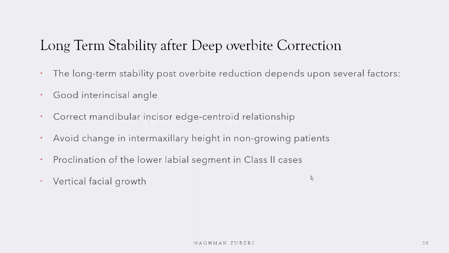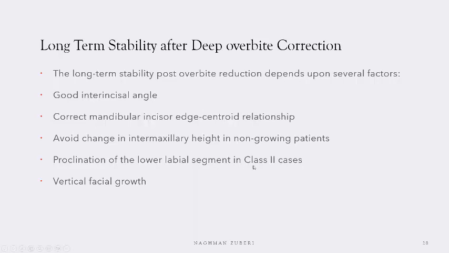The good interincisal angle, correct mandibular incisor edge centroid relationship. Then avoid the change in the intermaxillary height if the person is not growing, if they are beyond the prepubertal growth spurt. Proclination of the lower labial segment in class 2 cases.